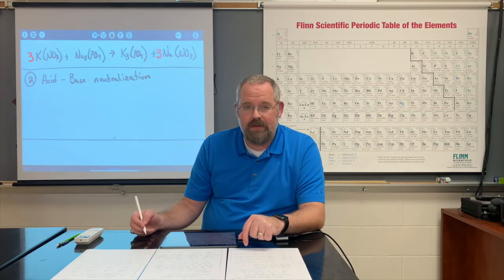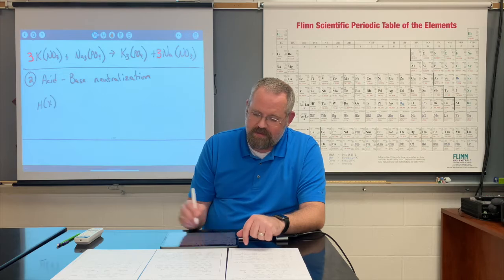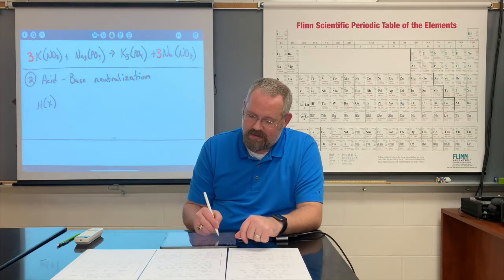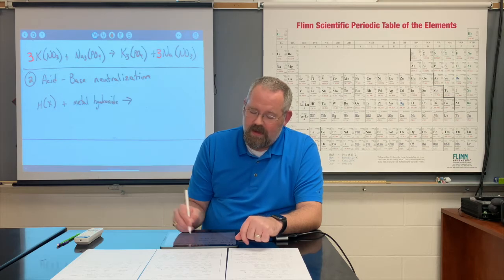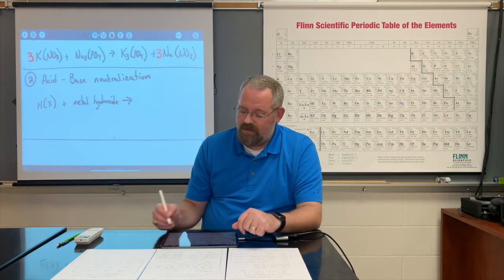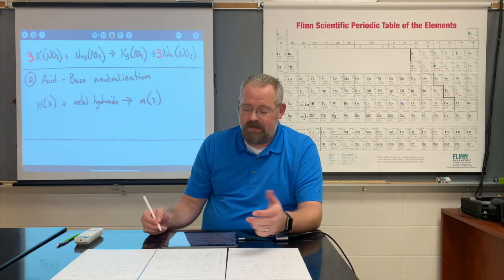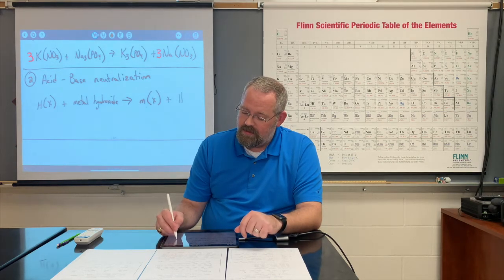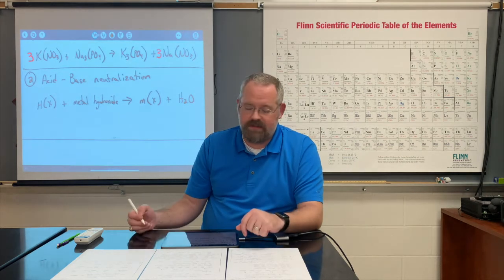And when this happens, we're dealing with some form of an acid, some ionic acid, and a base, which for our purposes is going to be a metal hydroxide. Okay, now when these two things meet together, you're going to end up with a metal and the ion from your acid plus water. That's your product, water, and then the something else.